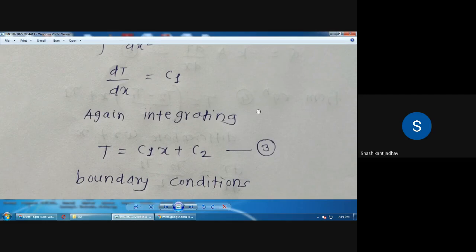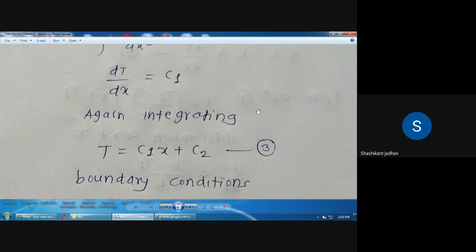At that time, what is the value of temperature? L means the thickness increases along the x direction. When the value of x is 0, at that time L becomes 0.